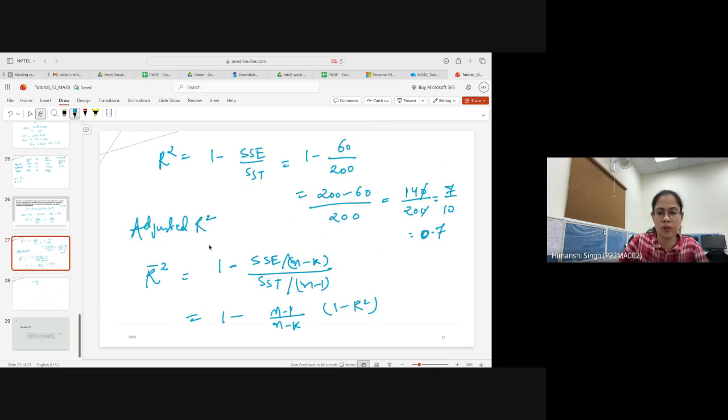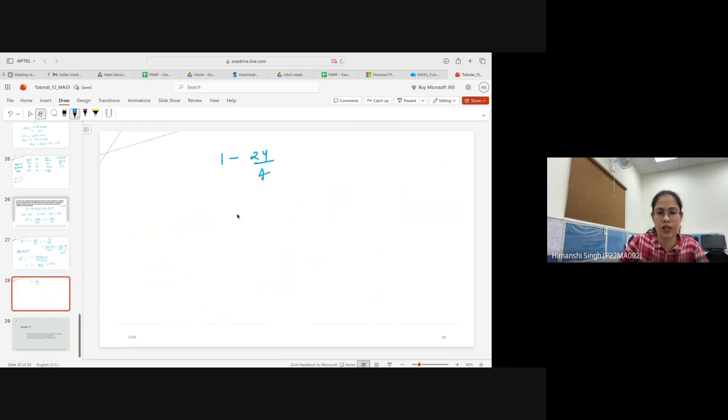N, sorry, not 4. N minus k is 25 minus 4. And then 1 minus r square, so 1 minus 0.7. So it is 24 divided by, here it is 21 and here it is 0.3. Okay.